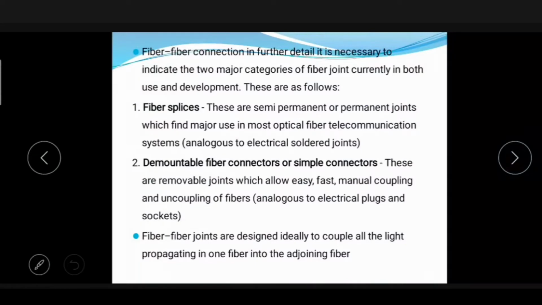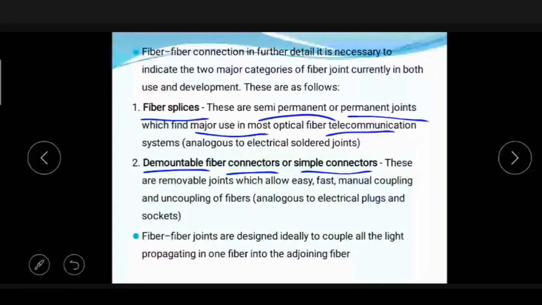So coming to fiber splices, demountable fiber connectors or simple connectors. These are semi-permanent or permanent joints which find major use in most optical fiber telecommunication systems, analogous to an electrical soldered joint. You might have soldered some electrical components; if you solder it, it is a semi-permanent or permanent joint.